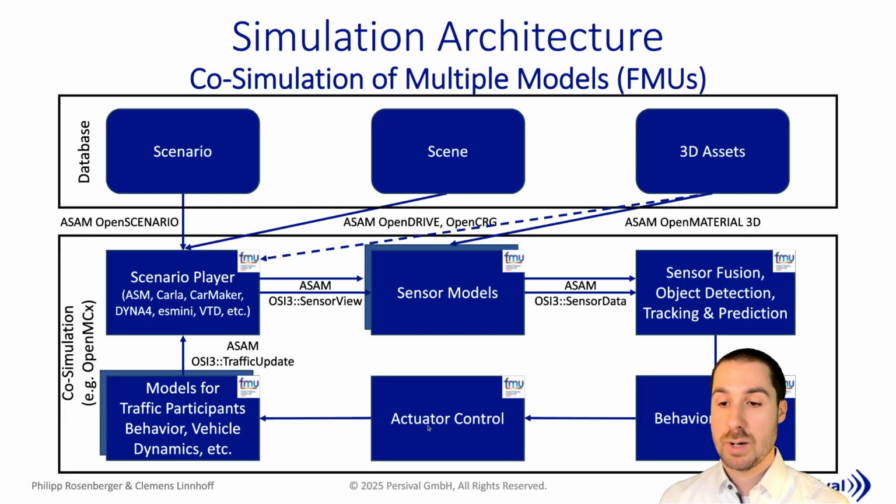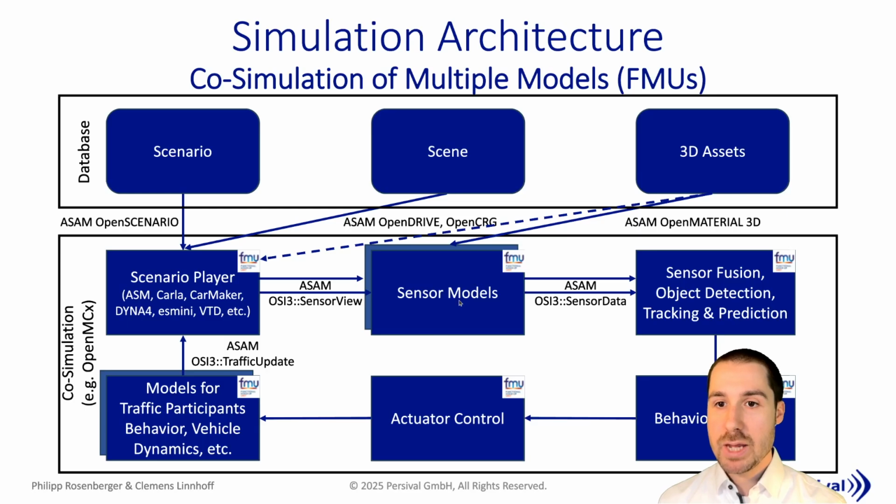You have your behavior planning, you have your actuator control, and you can actually feed that via vehicle dynamics simulation back into the scenario player for a closed loop simulation. Or you can have any combination of these models. Maybe you're just interested in the sensor output, so you just have a scenario player and a sensor model. So it's a very flexible way of setting up your simulation.